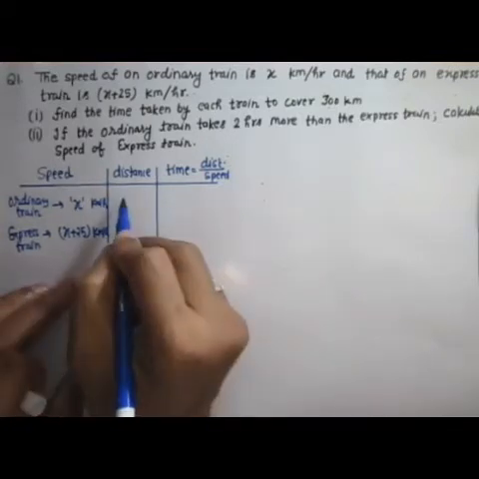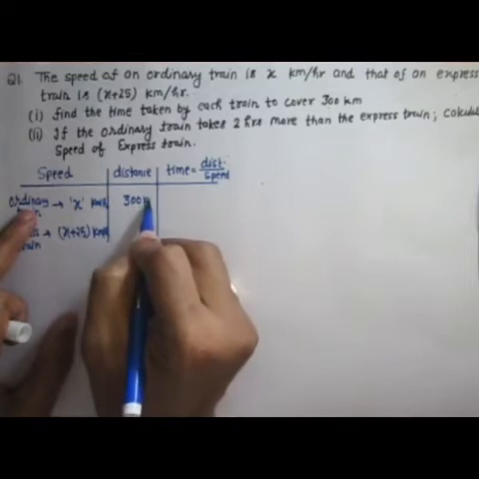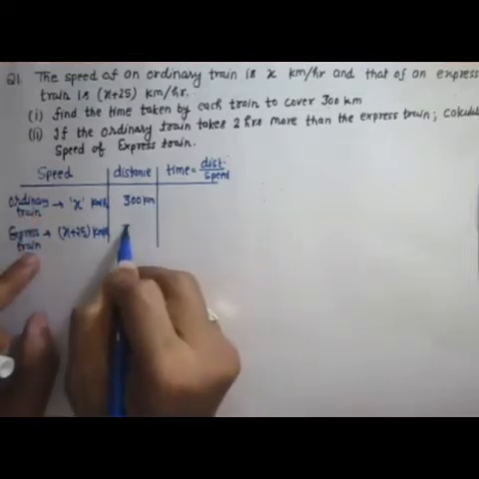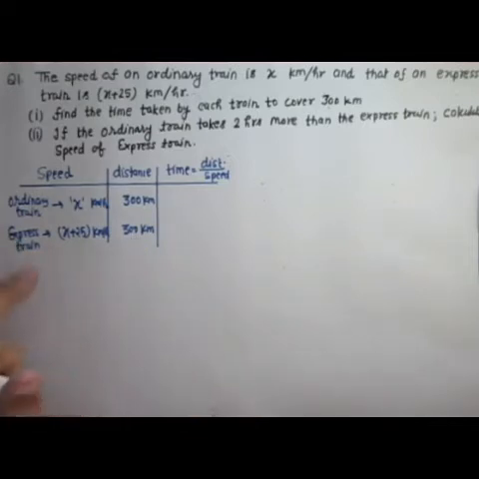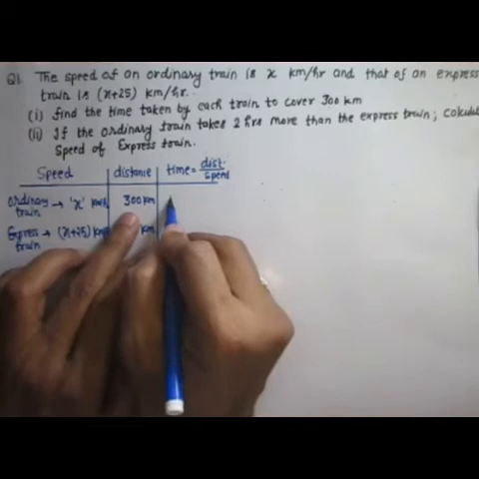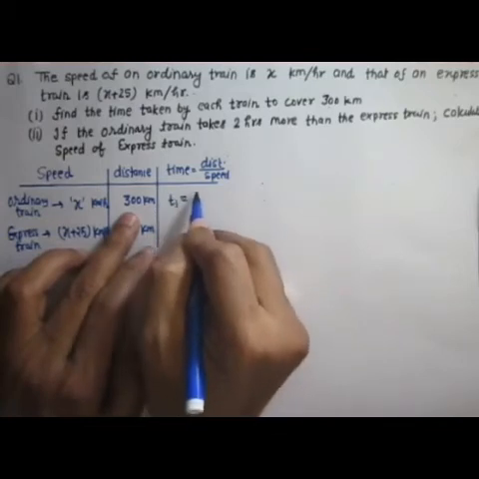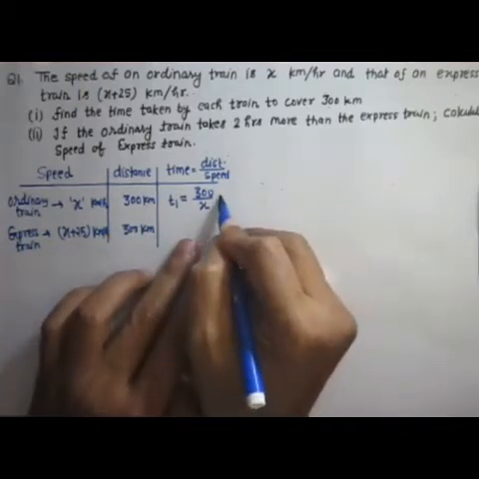Now the distance covered is 300 kilometer, and the express train also covers the same distance, 300 kilometer. Now with the speed x, the distance covered is 300 kilometer. So what is the time taken by the ordinary train? It is 300 by x, distance by speed, and the unit will be hours.